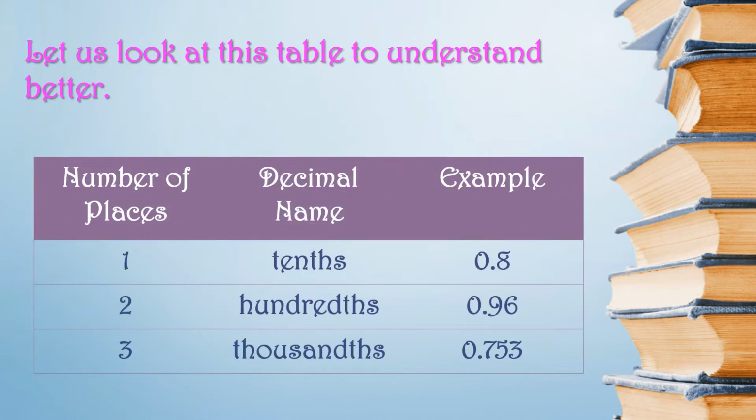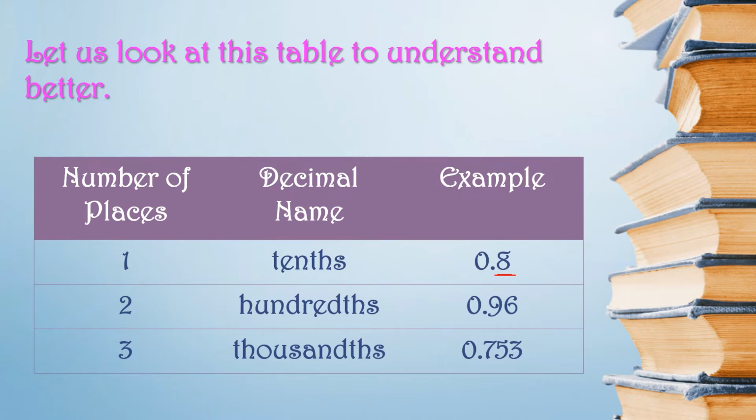If we see the number of places, the decimal value and some examples I have given for you. If the number of places after the decimal point is 1, like here we have 0.8, to the right side it is only one place.